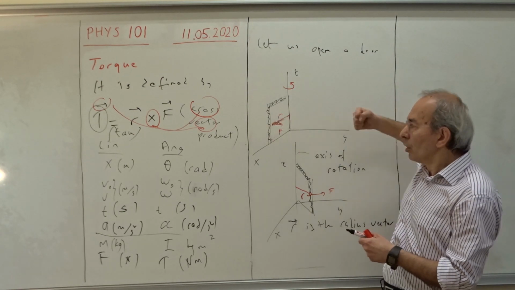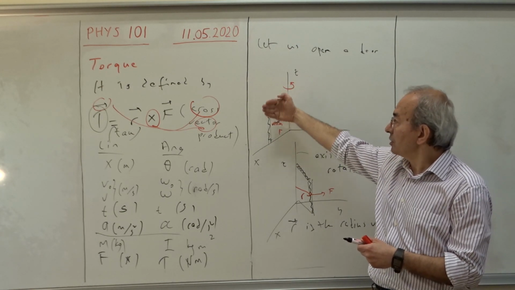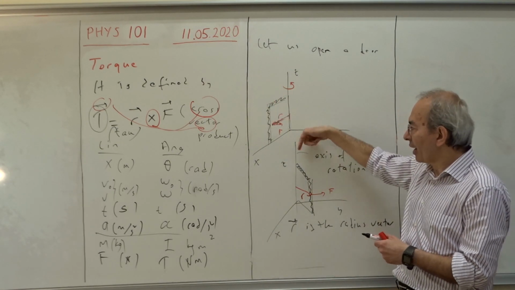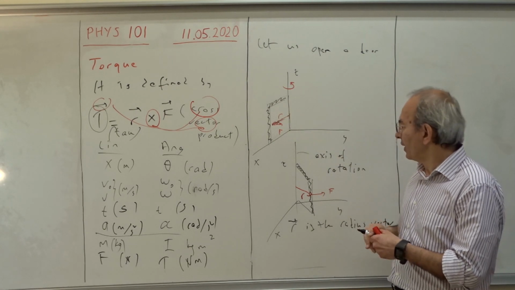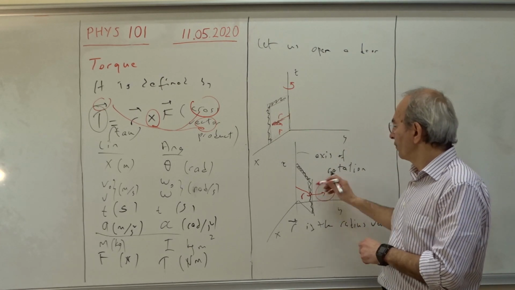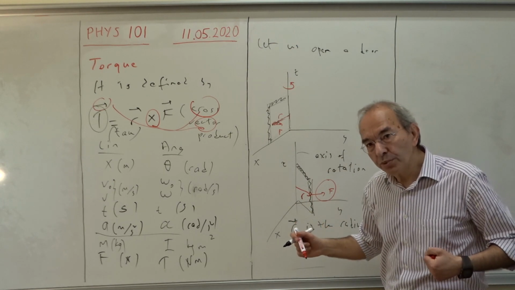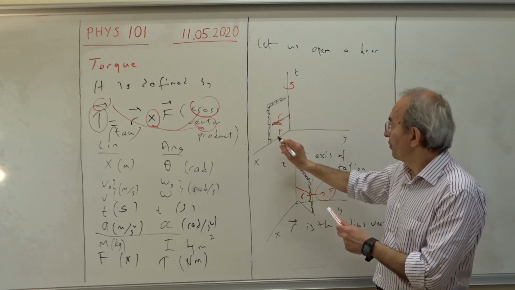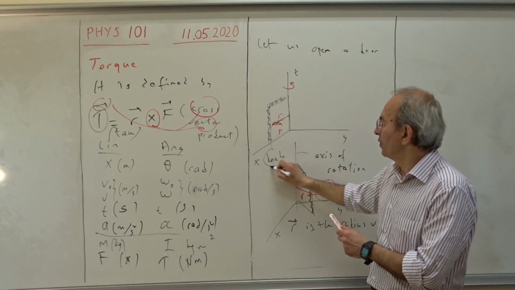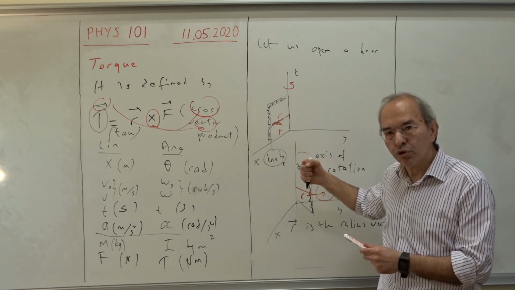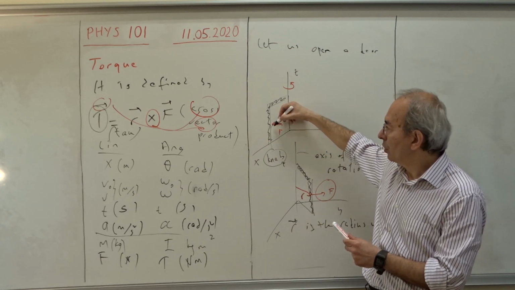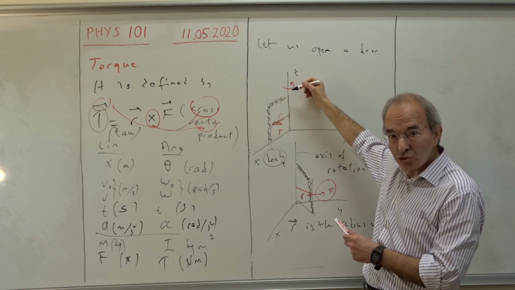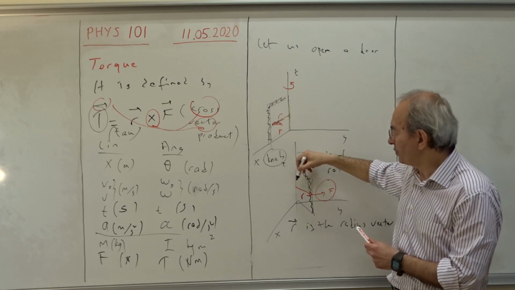Because when you try to open this door, which is initially closed in the xz plane, you turn it around the z-axis, so this is the force you exert on the door to open it, and this is the knob, the handle of the door. You pull it by applying a force on the knob, and it turns around the z-axis, so that this is the radius vector.